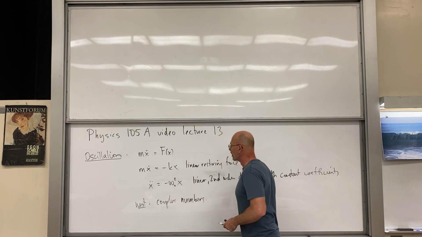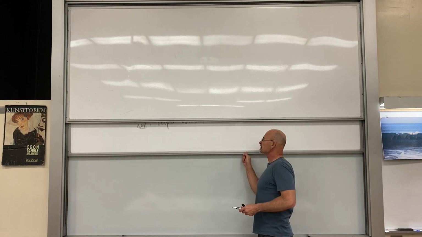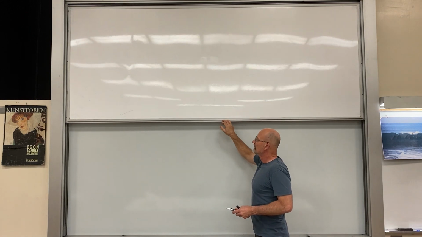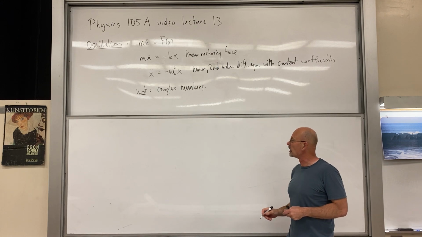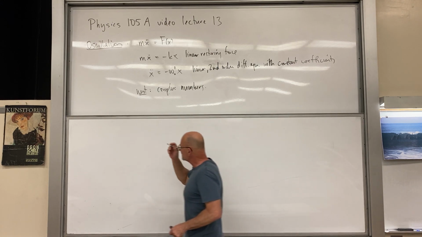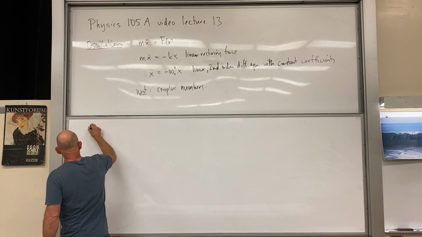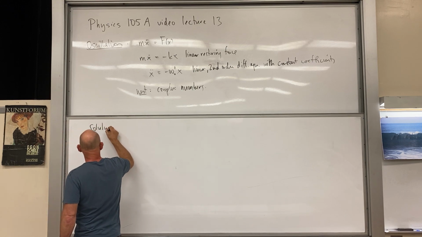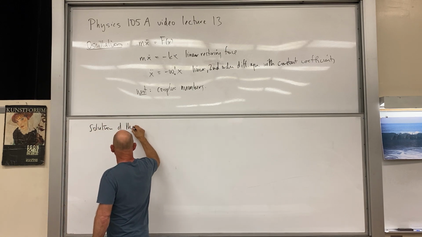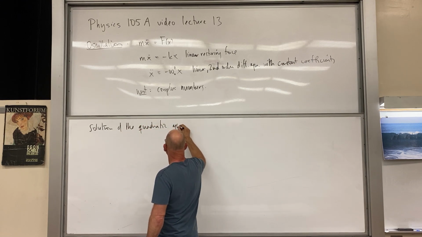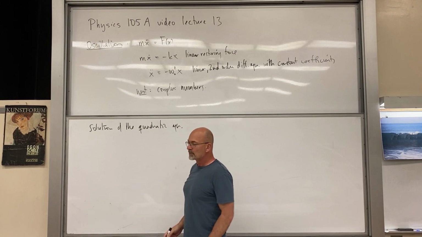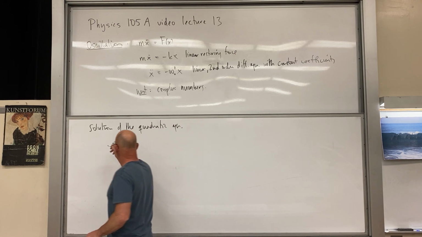Okay, so here we go. There are different ways to introduce the whole idea, but let's just go to the solution of the quadratic equation. And suppose we just have all real numbers, real coefficients.